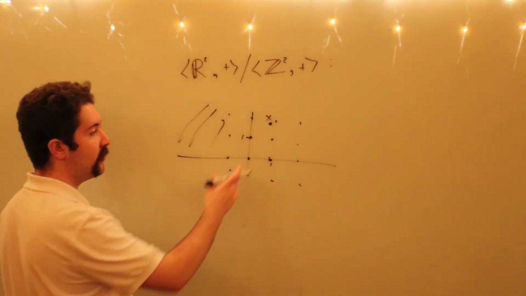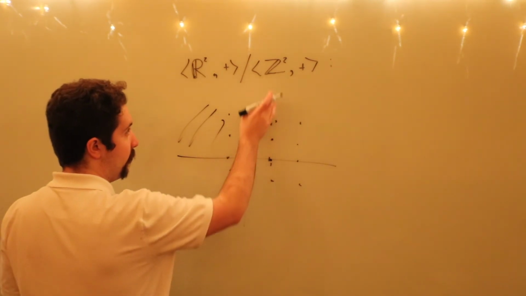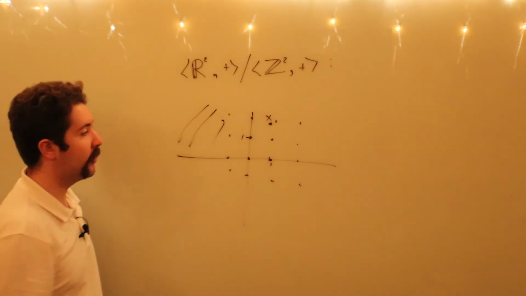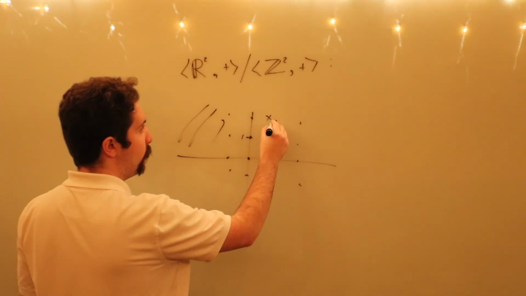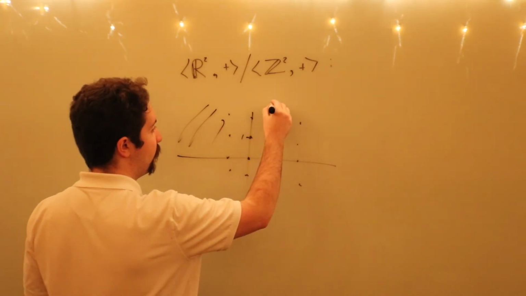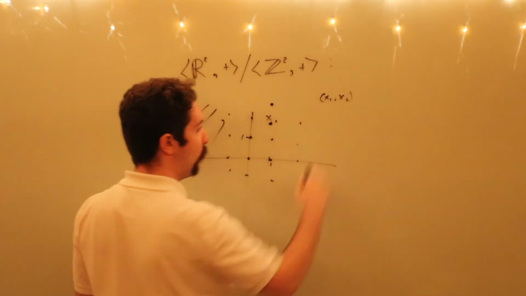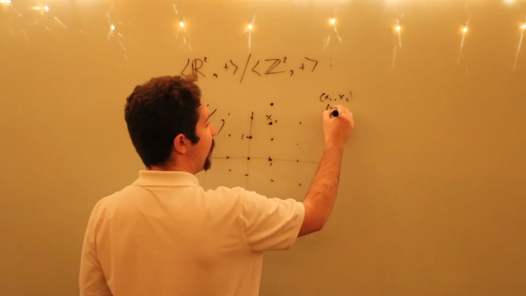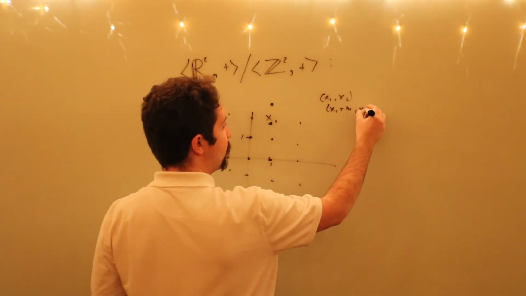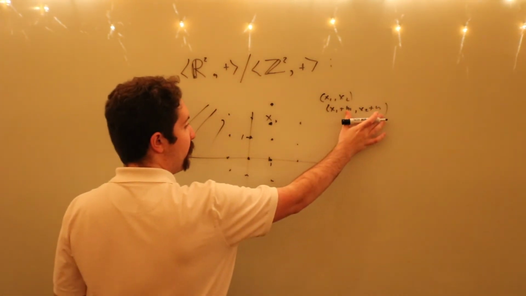All right, so if we choose this element X somewhere in the plane, then a coset of Z2 by X in R2 is going to look like X plus the entire lattice, right? So this means translated, you can look at it coordinate-wise, right? So if we have X1, X2 is our point X, then what we're looking at is X1 plus M and X2 plus N, where M and N are integers, and they're arbitrary integers, right?